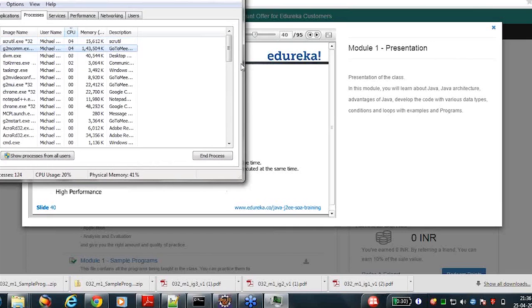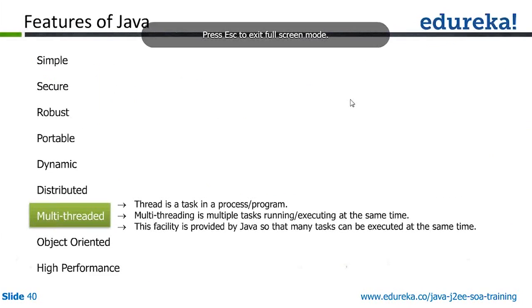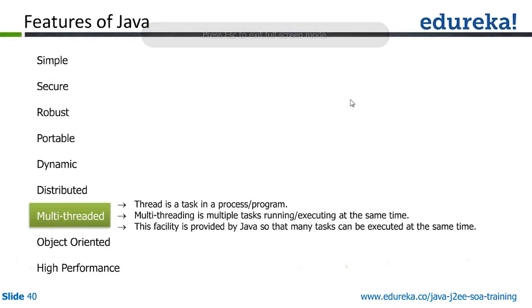So you have Acrobat Reader running, you have Chrome running, I have Notepad running, I have many processes running, and all of these processes run at the same time. Similarly, Java can have multiple threads, and each thread is, in the context of Java, a process. And each process runs in its own thread.